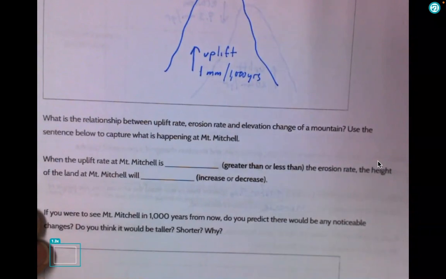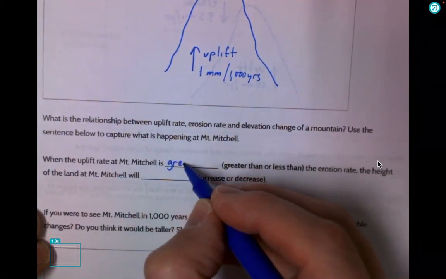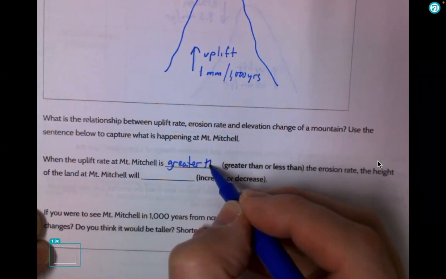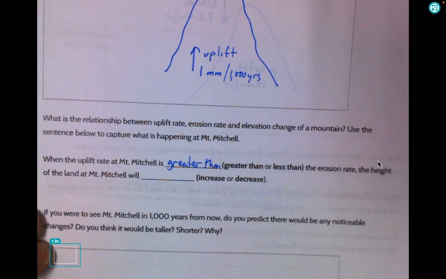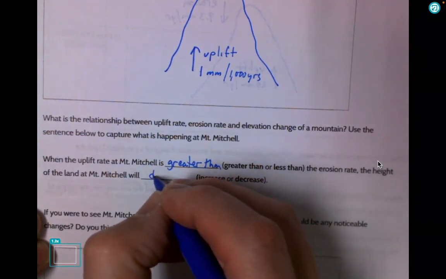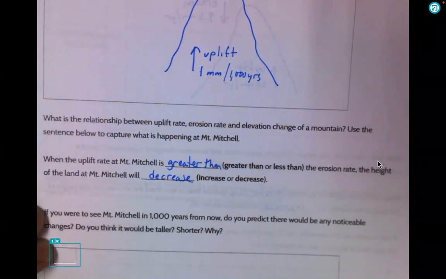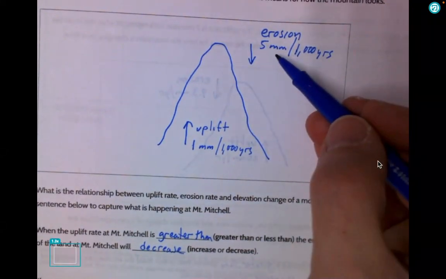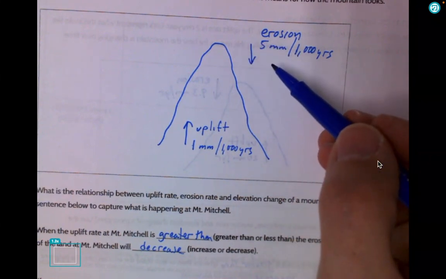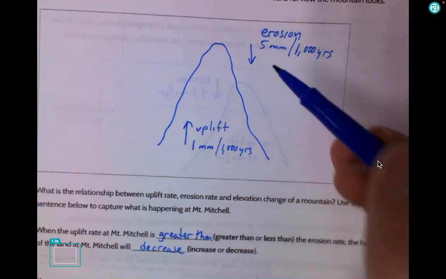So when the uplift rate at Mount Mitchell is less than the erosion rate, the height of the land at Mount Mitchell is going to shrink, so it's going to decrease. Again, we just looked at those two numbers. We found the bigger one, 5. Whatever that arrow is doing there is what wins. So it's going down more than it's going up, so it'll end up going down.